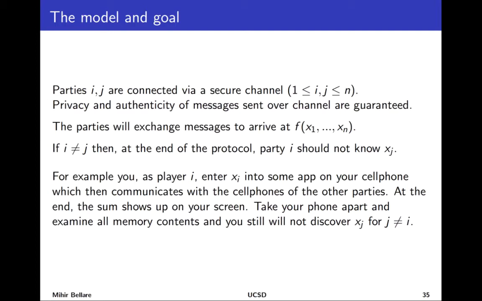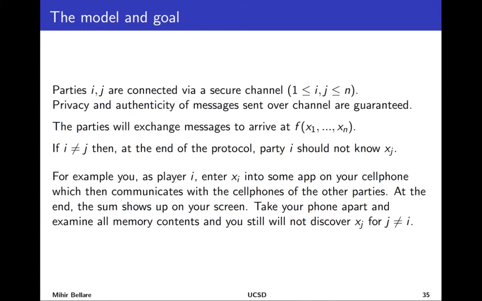Say your number is 55, you enter 55 into the phone. It'll also then ask you for addresses and so forth for all the other parties. And everybody who's running the protocol has a phone and has this app on it, and they all enter their numbers and they all enter everyone else's addresses. And then the app starts sending messages back and forth, and after a while your screen shows the answer of the computation, which is the sum x1 plus x2 up to xn. And you're done. Everybody now has that on their screen.